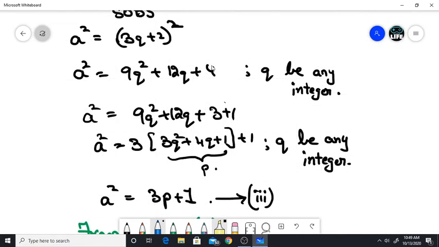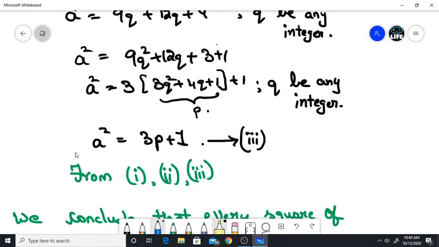Now change the 4 on the right hand side as 3 plus 1. Then take 3 as common. Then a square equals 3 into 3q square plus 4q plus 1, plus 1. Now change the bracket ones as p. Then you get a square equals 3p plus 1.